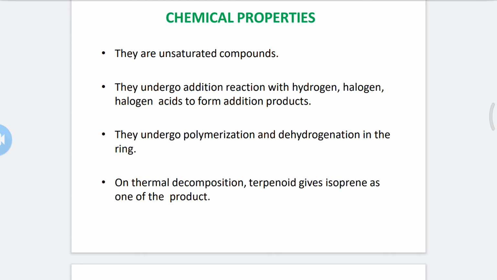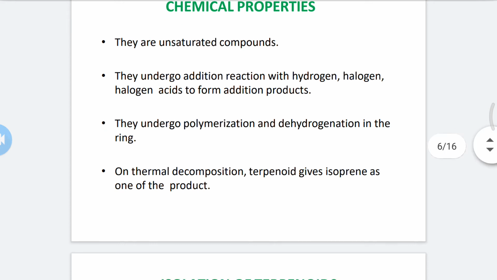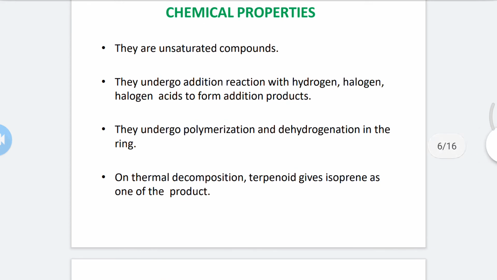They undergo polymerization, meaning one unit connects to another, and dehydrogenation in the ring. On thermal decomposition, terpenoids give isoprene as one of the products.